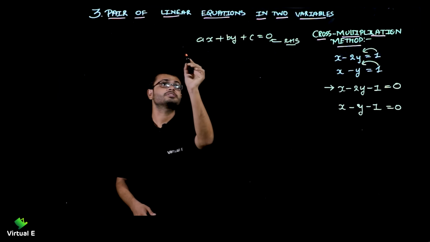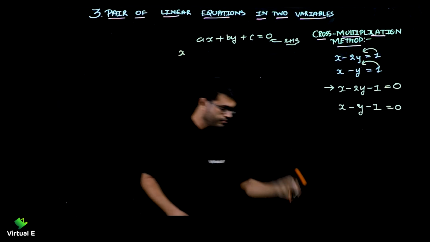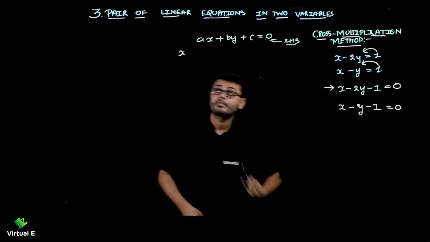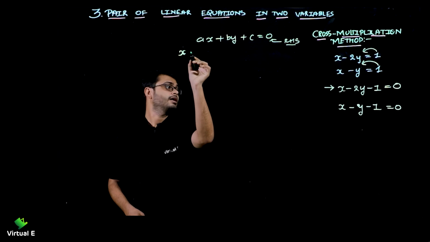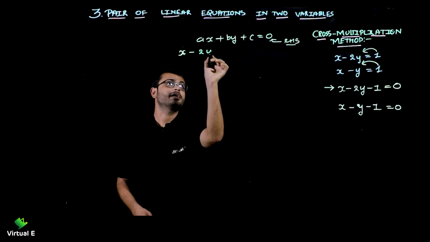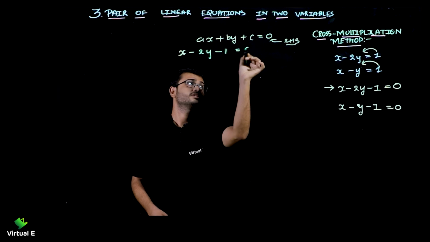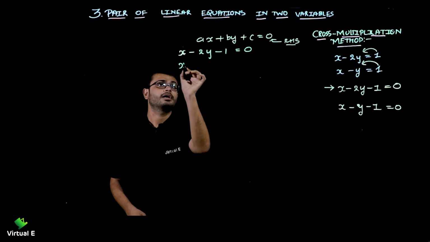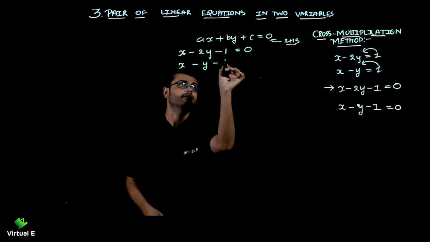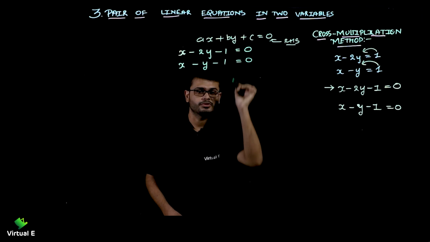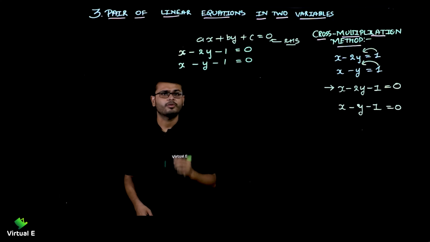We are going to arrange this in one very beautiful form. x minus 2y minus 1 is equal to 0, first equation, and x minus y minus 1 is equal to 0, second equation. So what is that formula about?